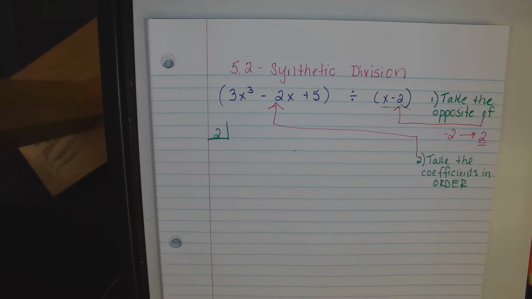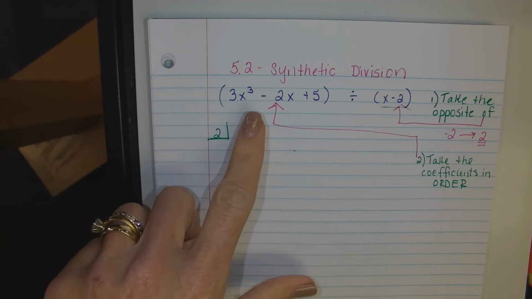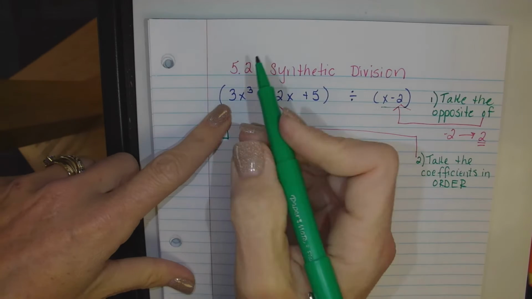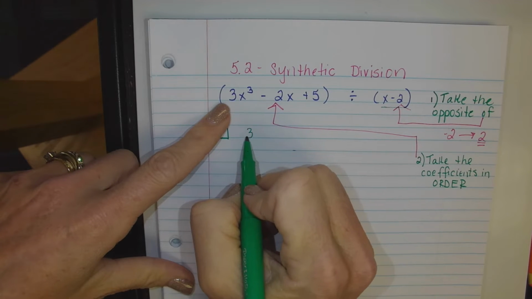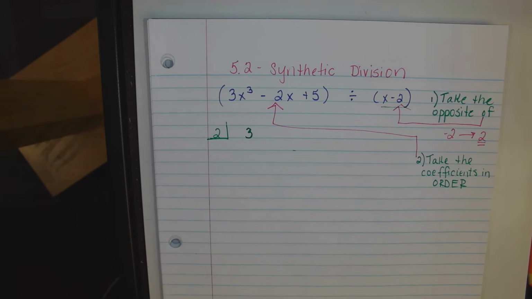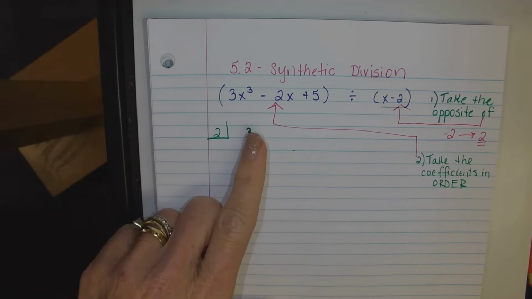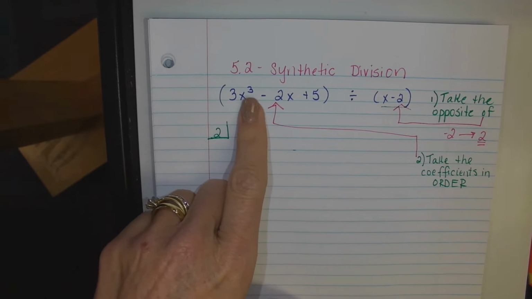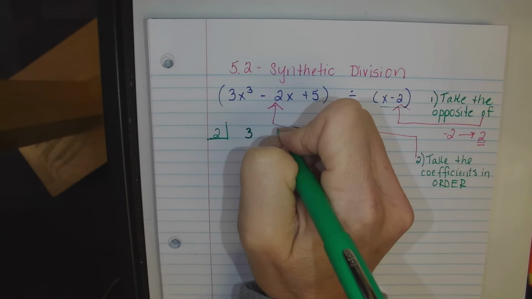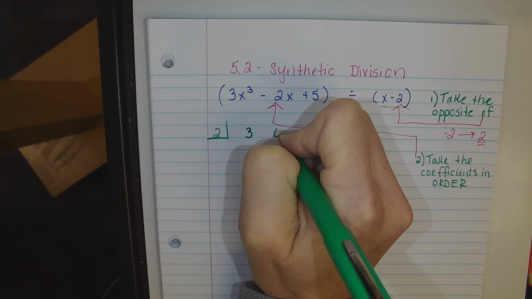Okay, so coefficient of this term here is what? 3. So we have x to the third. X squared is not there, so what am I going to put? 0.